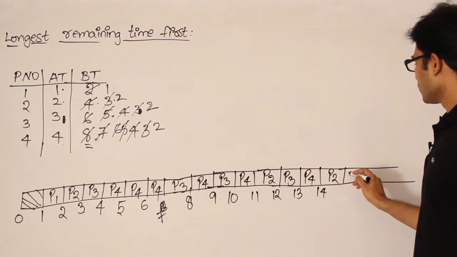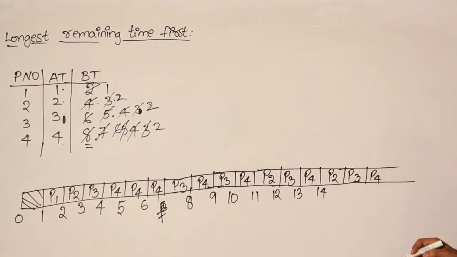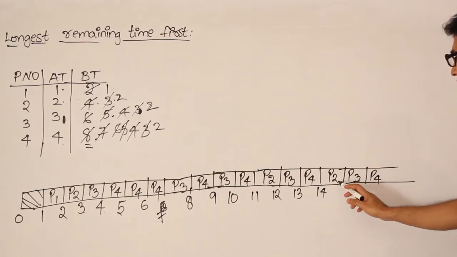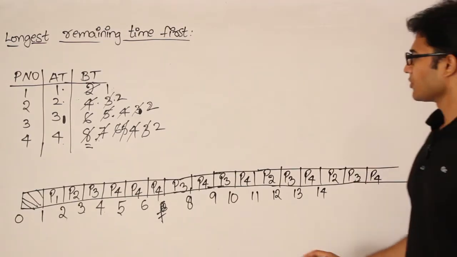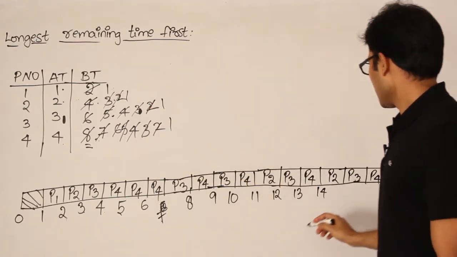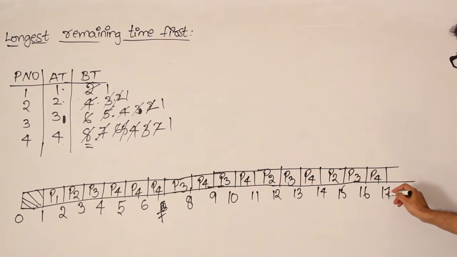Now P2, P3, P4, because all the burst times are same and they are longest and they are all according to the arrival times. P2 is first, that is why P2 is scheduled, then P3, then P4, right? Therefore this one will become 1, 1 and 1, and this one will be 15, 16 and 17.